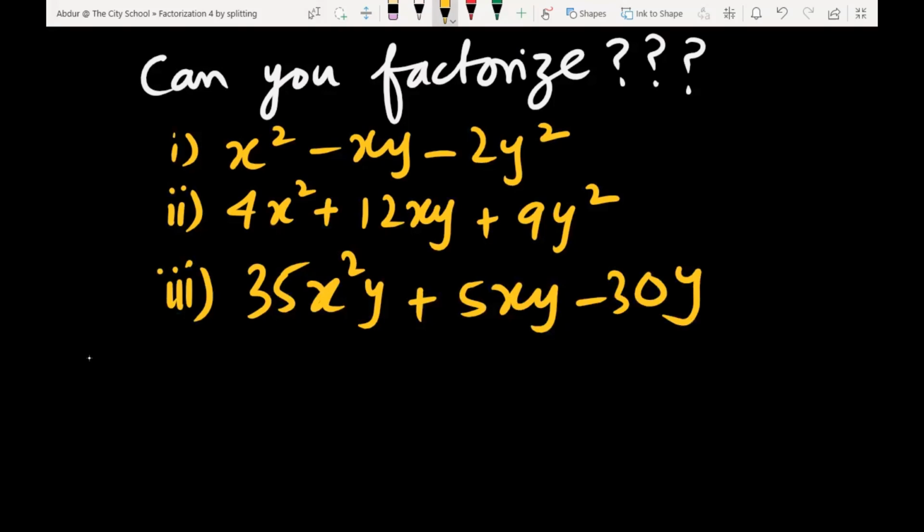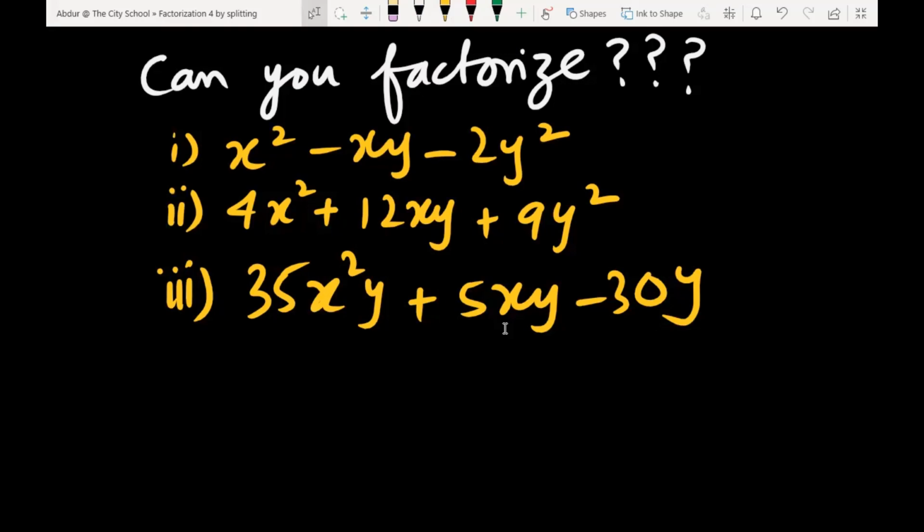Can you factorize these polynomials or these quadratic expressions with two variables? If you cannot factorize these, watch my upcoming video lesson number 5 for the correct method and concepts. If you can factorize these, watch my lesson number 5 also to check your solution.